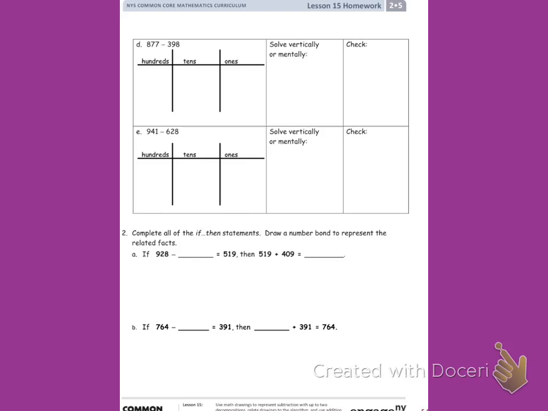Let's look at item D, 877 minus 398. Let's go ahead and draw the number 877 using chips on the place value chart. 877 has 7 ones, 1, 2, 3, 4, 5, 6, 7. It also has 7 tens, 1, 2, 3, 4, 5, 6, 7.